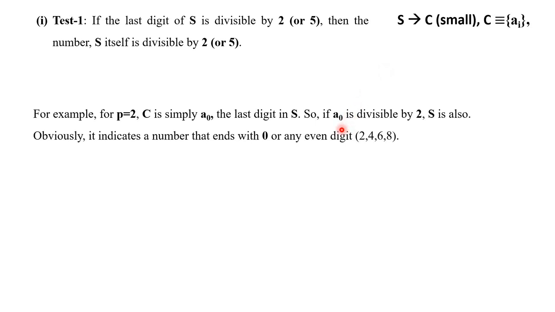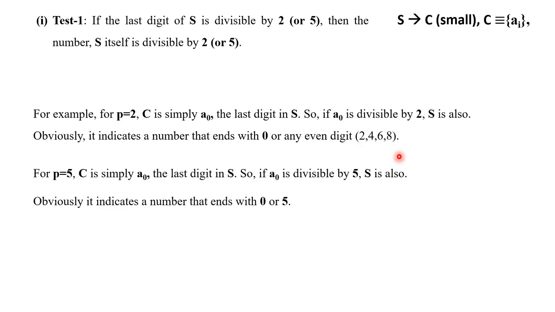Of course, it indicates that the number S ends with 0 or any even digit: 2, 4, 6, 8. In case of 5, similarly, again C is nothing but the last digit A0 only. So if A0 is divisible by 5, then S is also. Of course, it indicates a number that ends with either 0 or 5.